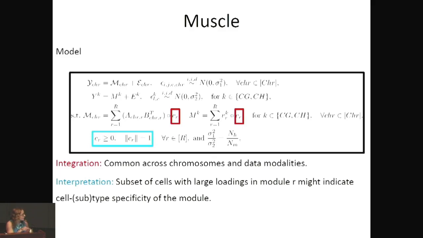We also impose a non-negativity constraint on the cell loadings, which helps with the interpretation. If you see that a given cell loading has high values for a subset of the cells and really low values for the rest, then you can ask, could this correspond to a cell type or a subcell type? So that really helps with the interpretation.